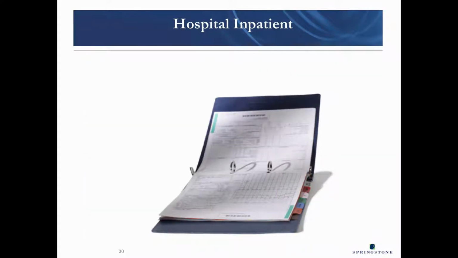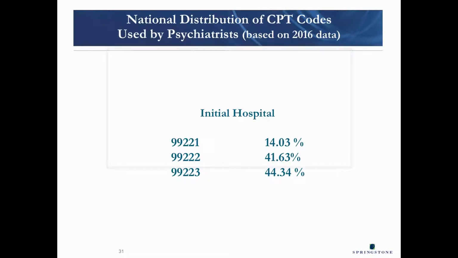So let's talk a little bit more specifically about inpatient, and let me give you some of the statistics that I mentioned before. So this is information. It's Medicare only because commercial data is proprietary.